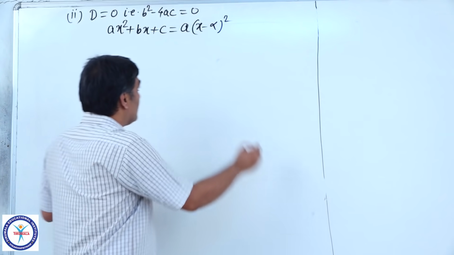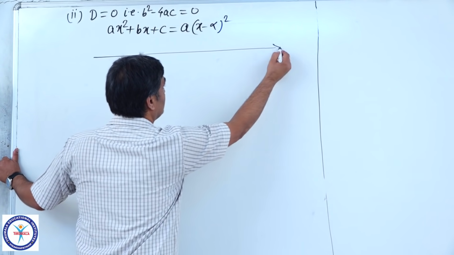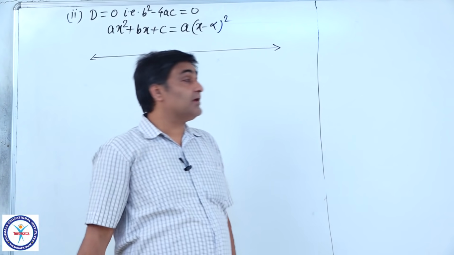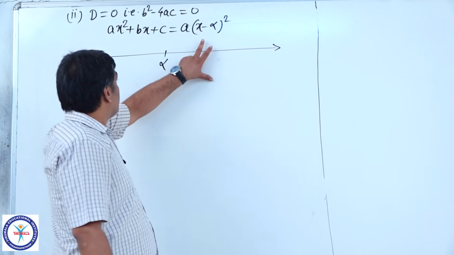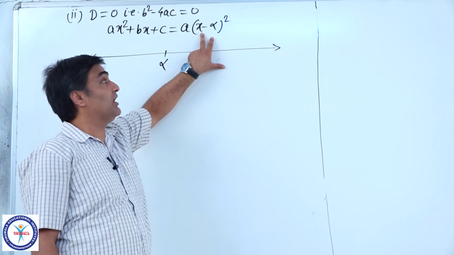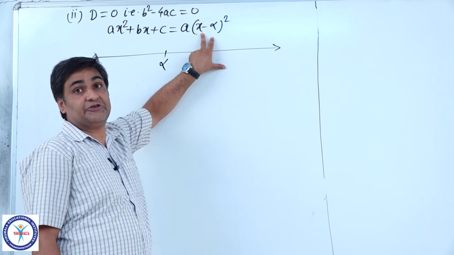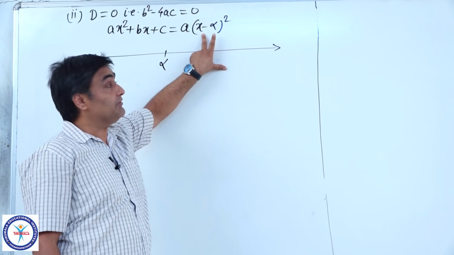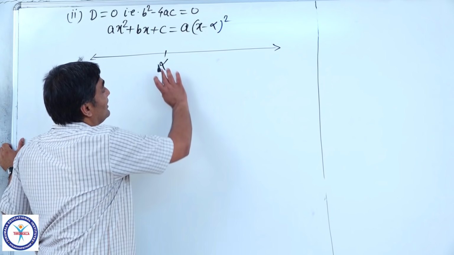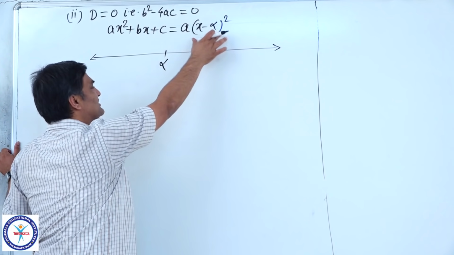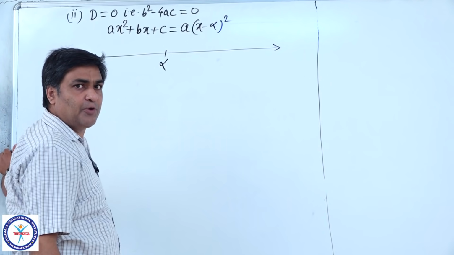Now, if we look at the number line, alpha, okay, but the x minus alpha whole square, the square of a real number cannot be negative. So, even if x is in this region or in this region, x minus alpha whole square will be positive.